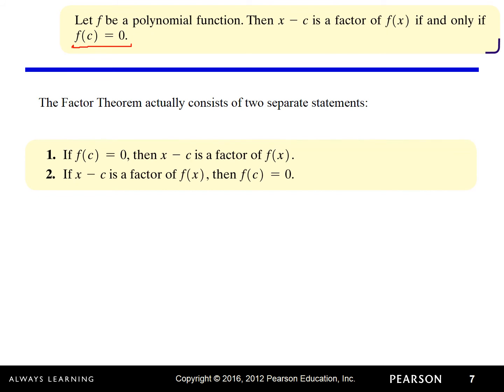So it's two things if you have an if and only if in the statement, okay? Because if you have an if and only if, you're really saying two things. If you say P if and only if Q, that's what we're saying in the factor theorem.